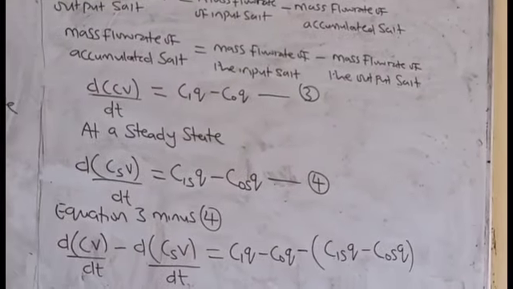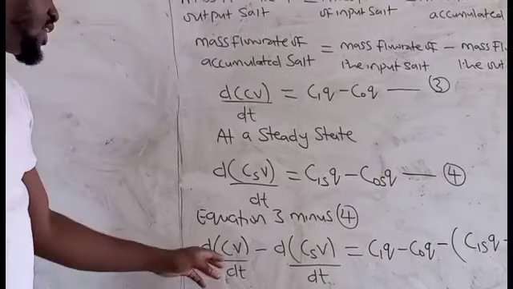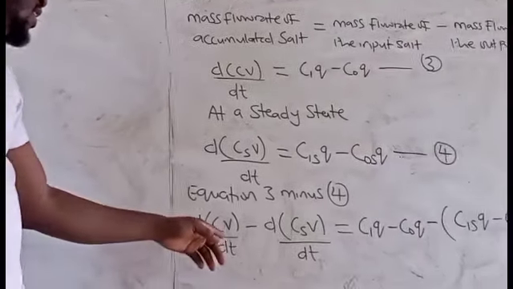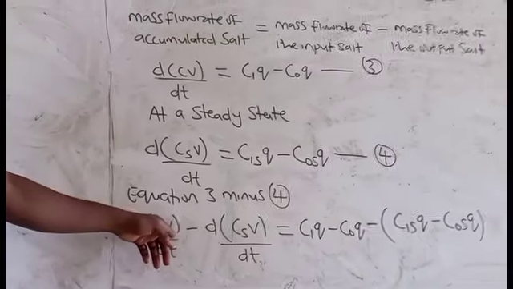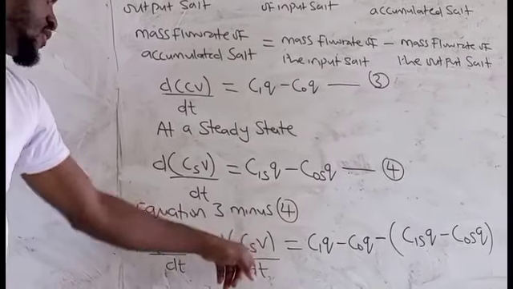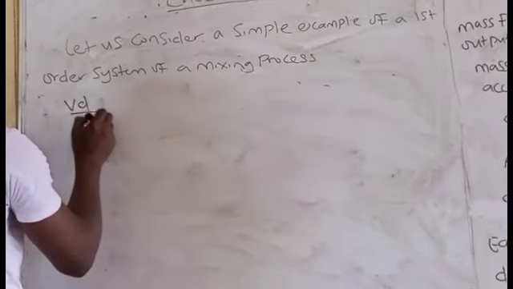We're going to form another equation. So let me clean up this board. We are going to factorize now. You see that something is common here. We have V dc over dt here. I also have V dc over dt here. So factorize, we're going to have V d over dt.